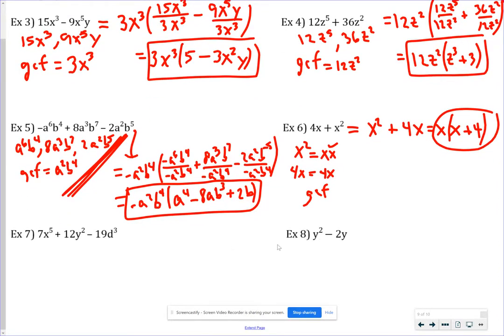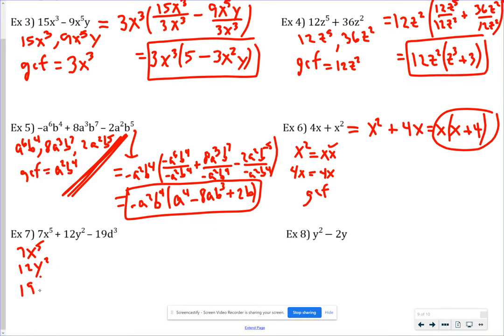Example number 7. We've got 7x to the 5th. We've got 12y squared. We've got 19d to the 3rd. 19 is one of our primes. So is 7. 7 and 19 have no common factors.